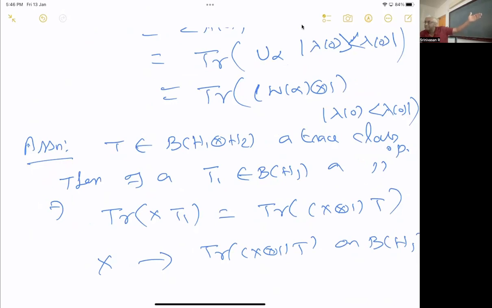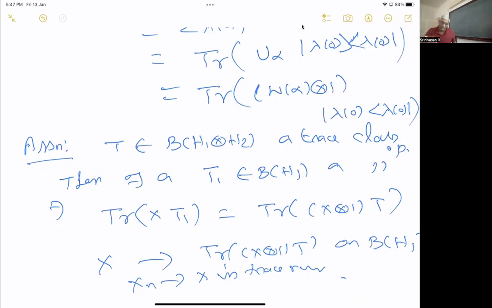Now this linear functional is weak star continuous. That is, if Xn converges to X in trace class, then the corresponding numbers will converge. You can prove that. That would exactly mean that this is actually given by a T1 like that. That is one way of doing it.